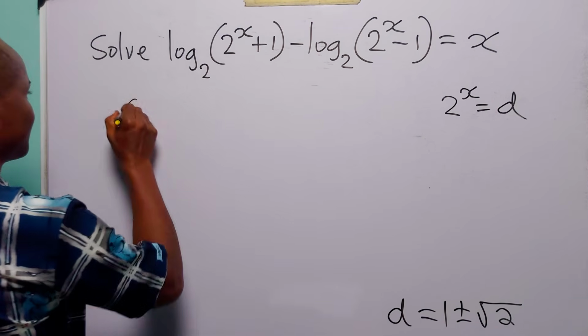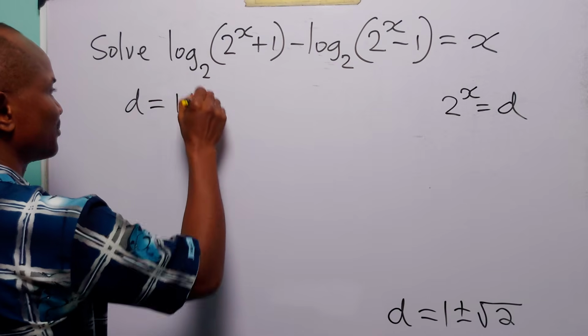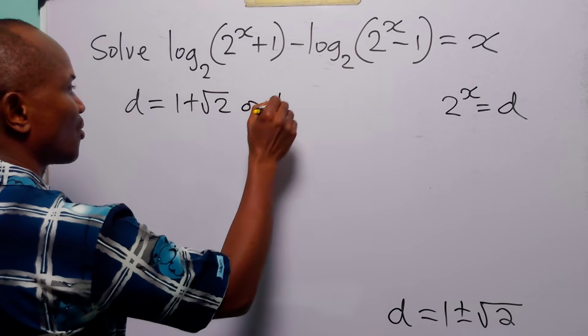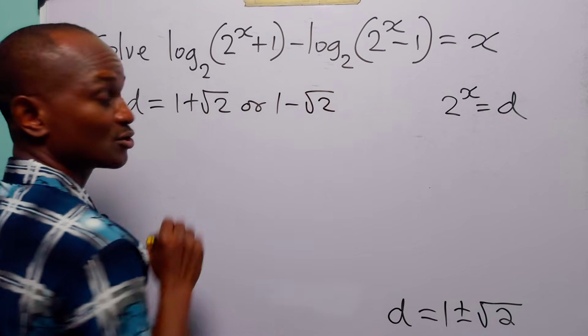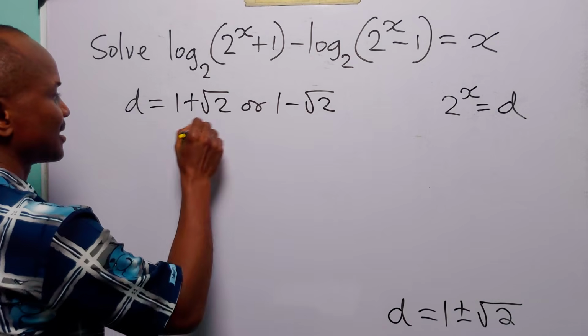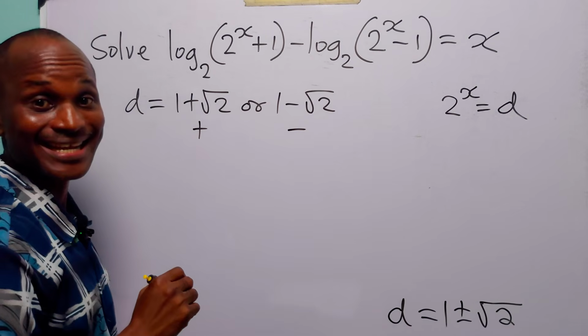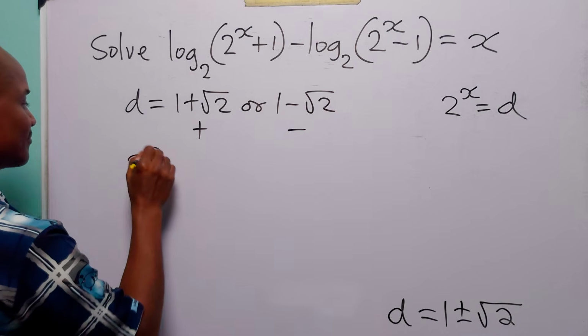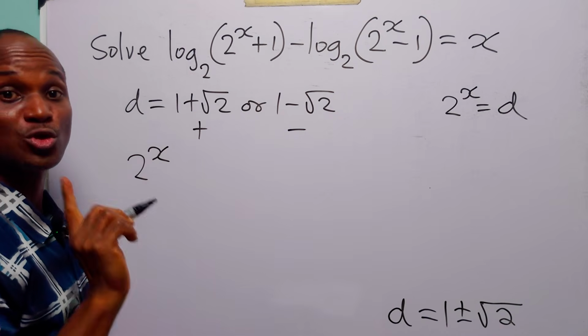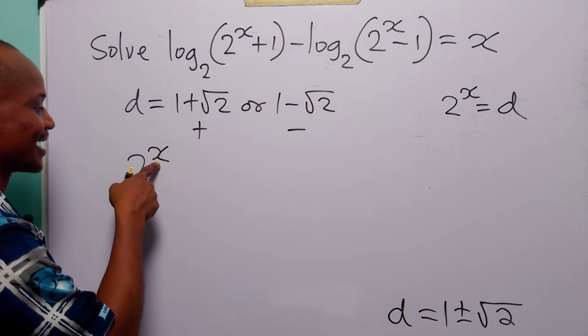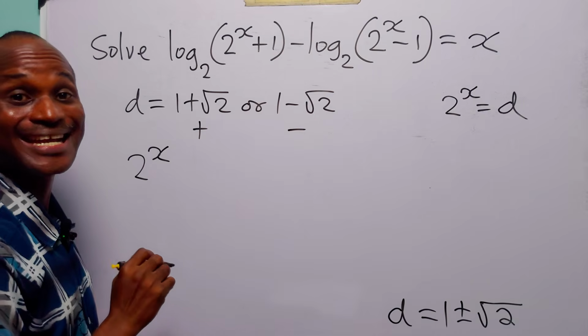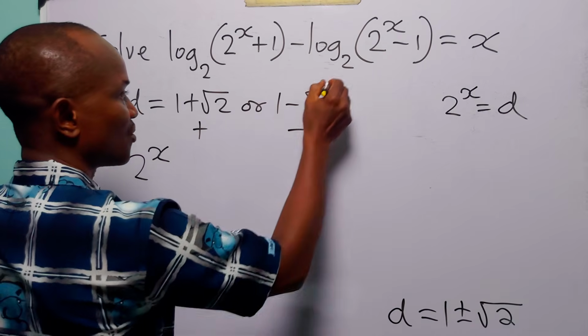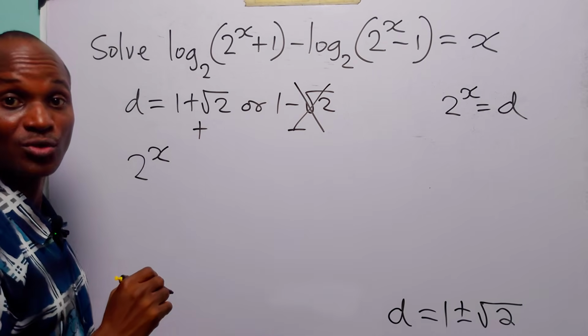We have that d is equal to 1 plus root 2 or 1 minus root 2. Now, this is positive while this is negative. Remember that d is 2 to the power x. And of course, you know that there is no real value of x that is going to give us a negative outcome. So we reject this value of d.